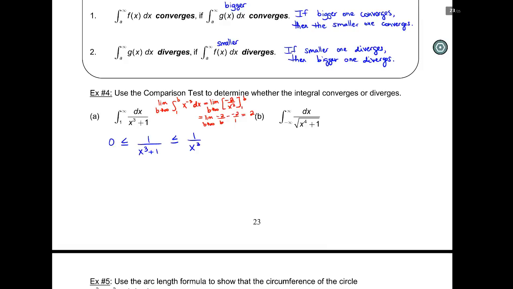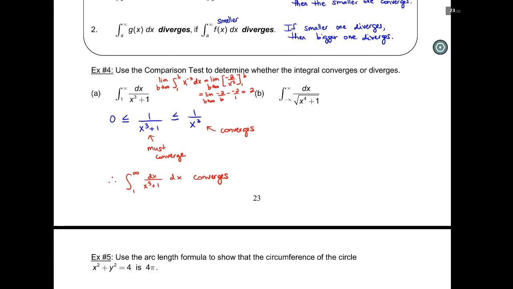Okay, so that's going to converge. So if the bigger one converges, then we know this one must converge. So therefore, the integral from 1 to infinity of 1 over x cubed plus 1 dx also converges.